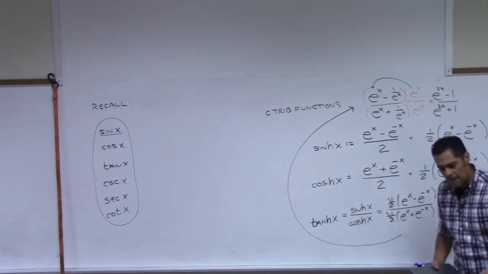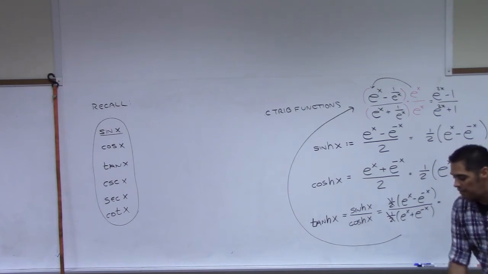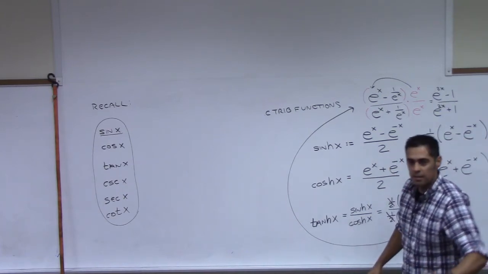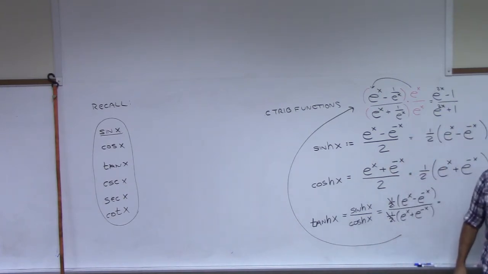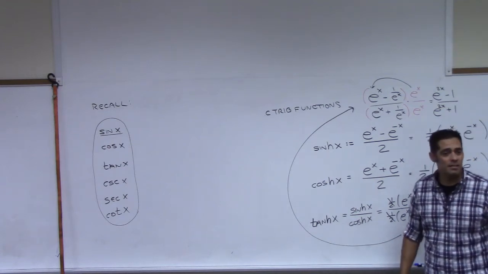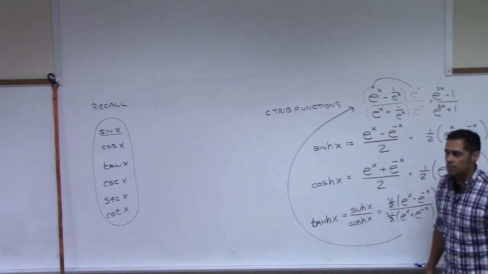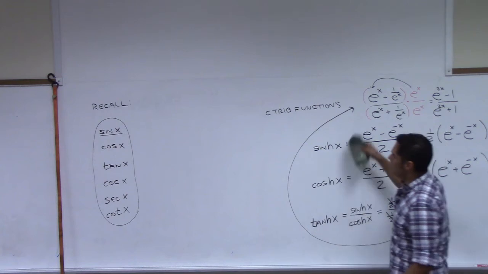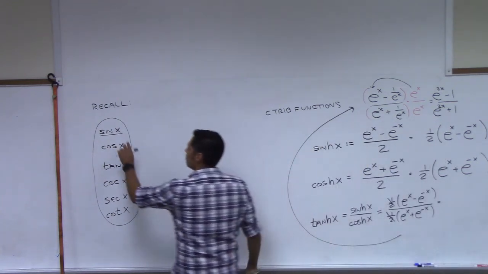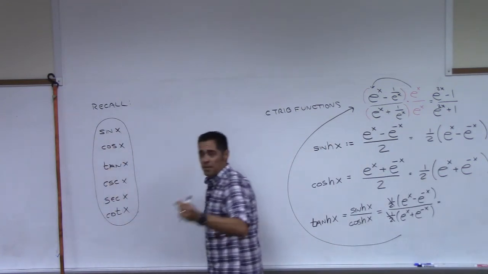What were some of the major properties you had from those trig functions? Can you think of an identity that we use a lot that involves sine plus cosine equals, or sine squared? Yeah, sine squared. So you had the Pythagorean identity.